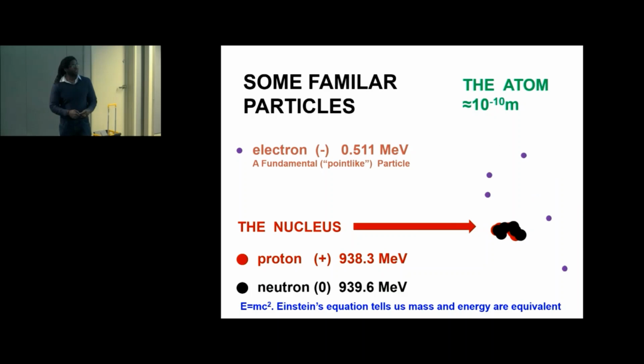So the knowledgeable and the astute of you will realize I said we're going to look at the masses of these particles, however I state the masses in energy. You can say, wait a minute, isn't that contradictory? No, it's not, because of the equation E = mc². That's Einstein's equation, and what it says is that energy and mass are equivalent.